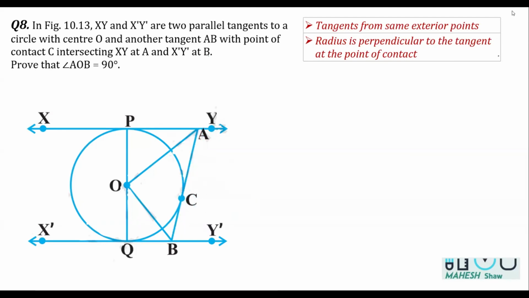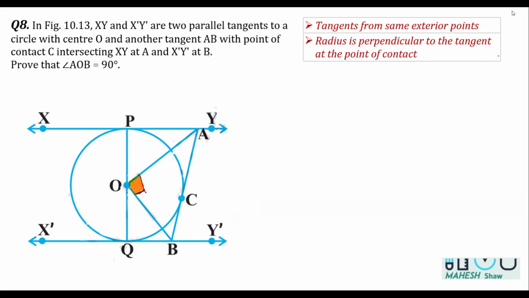What do you have to prove here? These tangents intersect XY and X dash Y dash at points A and B, right? What we have to prove is this angle as 90 degrees. That's the to-prove part here, to prove this angle as 90 degrees.